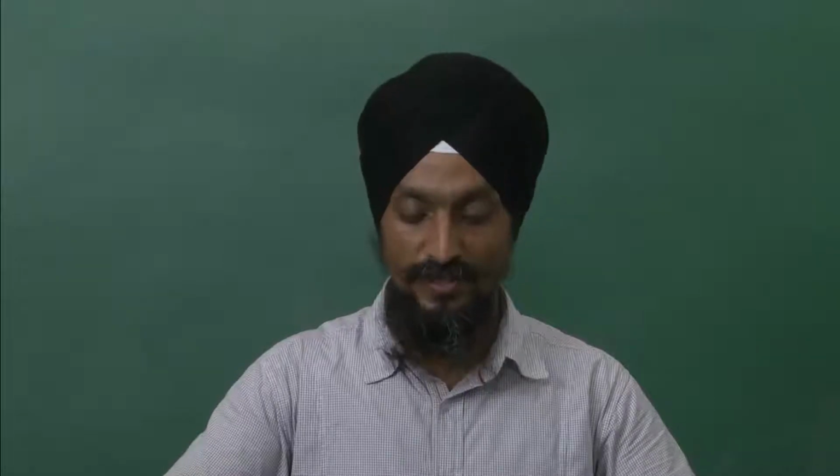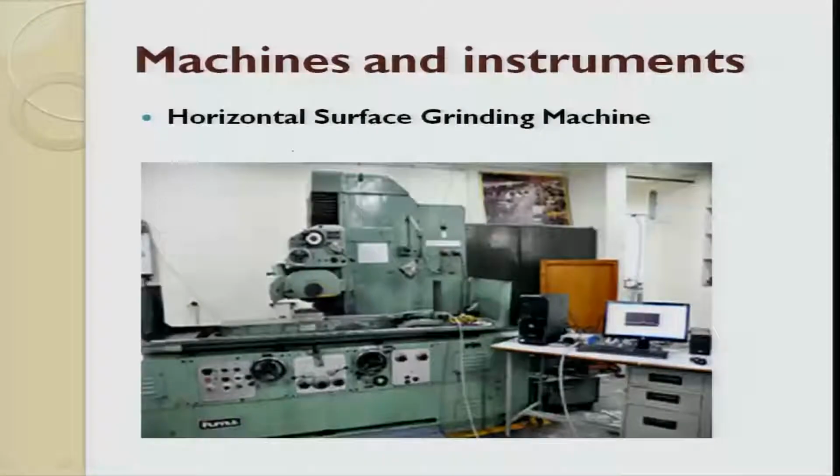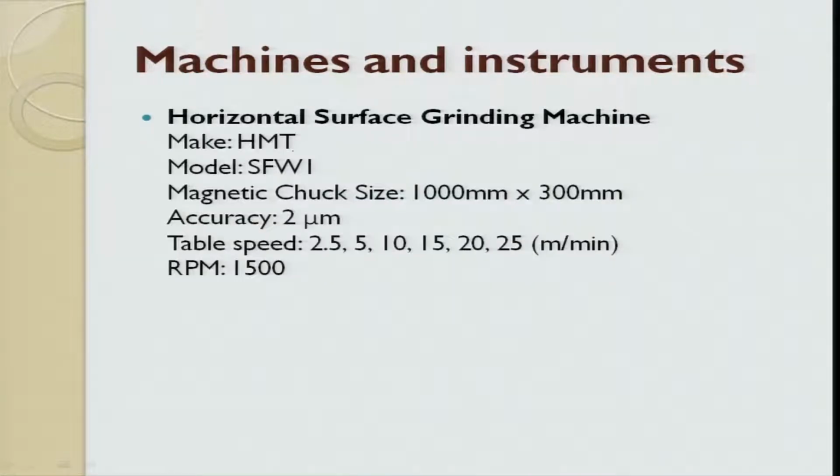Now, in conducting live experiments on unit manufacturing processes, various unit processes were chosen. Like in this case, I am showing you a horizontal grinding machine. We will conduct experiments on this machine. It is an HMT make machine. The model number is here.